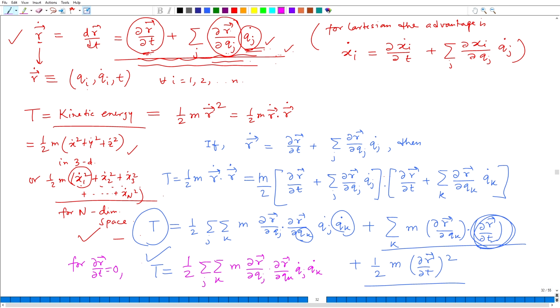So, you see finally your kinetic energy becomes simply a quadratic function of the generalized velocities. So, this is a very important result, we need that actually.